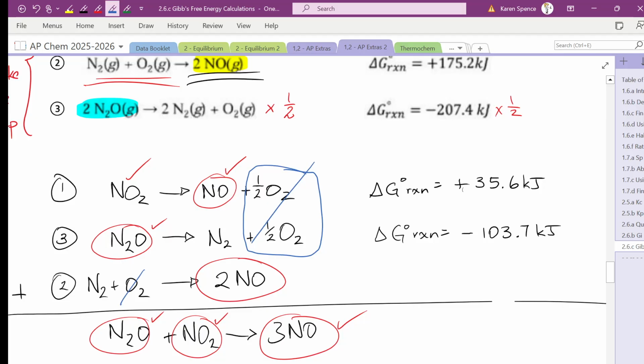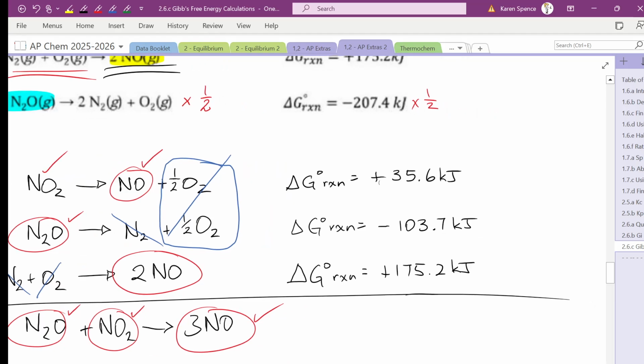So that's going to cancel with that. And an N2 needs to cancel out with an N2. So that's perfect. And so reaction 2 can just stay the way it was. So its delta G doesn't change at all. And that's equal to positive 175.2 kilojoules. And then we just add all of those up.